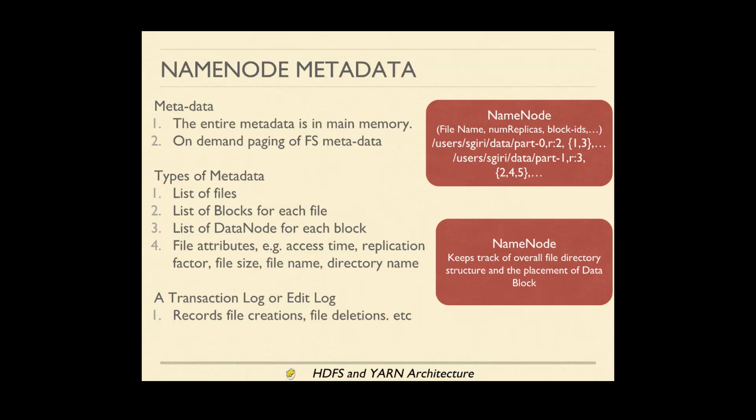So Pradeep, it's in both. Metadata is kept in the RAM as well as in the disk. In the disk, it is in the form of edit logs plus base image.